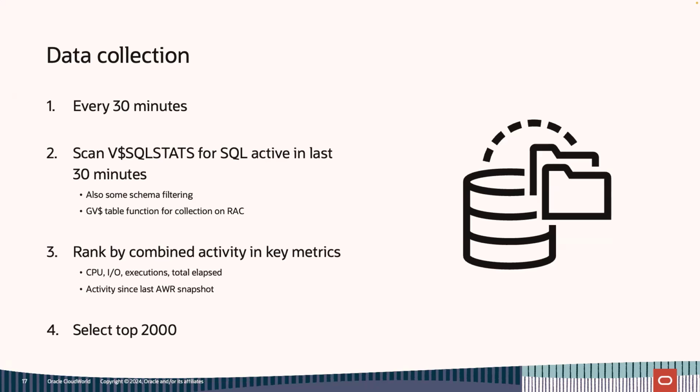We use a GB dollar. These are not really important details about the GB dollar thing. But then for all the SQL that were active in the last 30 minutes, we have a combined ranking mechanism that takes into account CPU, IO, executions, total elapsed time, which is DB time. Elapsed time of SQL is part of DB time.